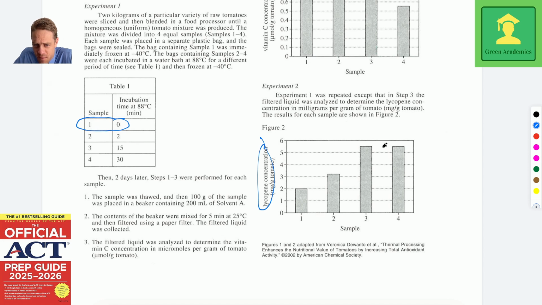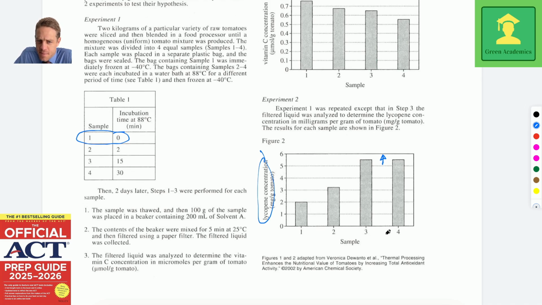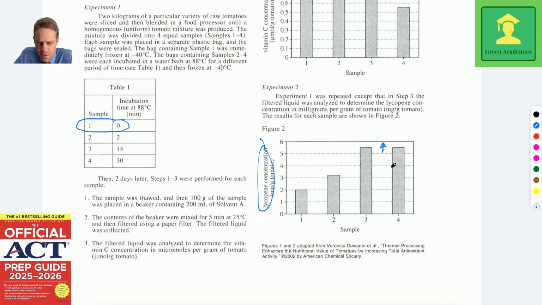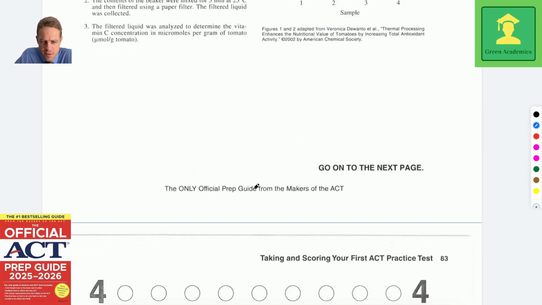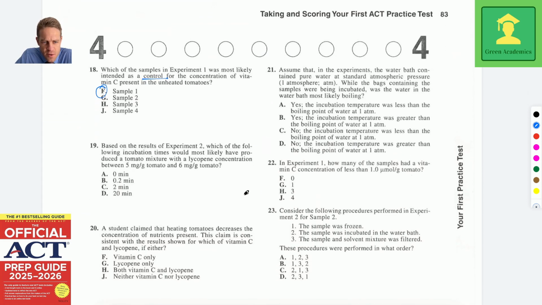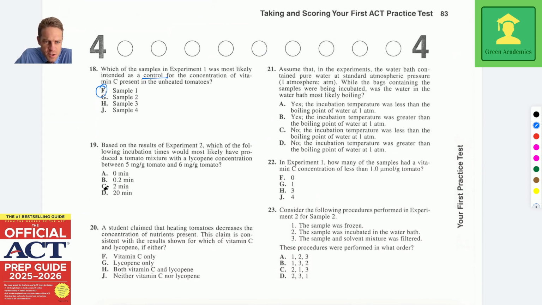Well, that means you'd have to be somewhere out here, right? So between 5 and 6 has to be something between sample 3 or sample 4, so it's something somewhere in this range, unless I'm missing something. So something 15 to 30, sure, must just be 20 minutes.